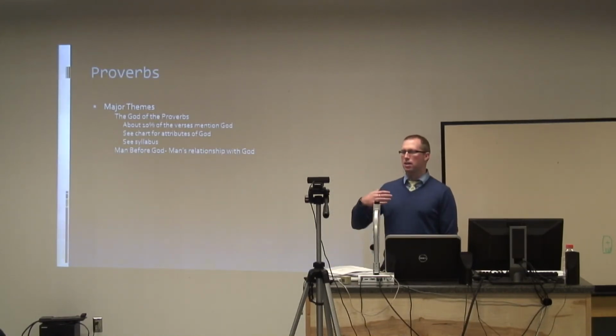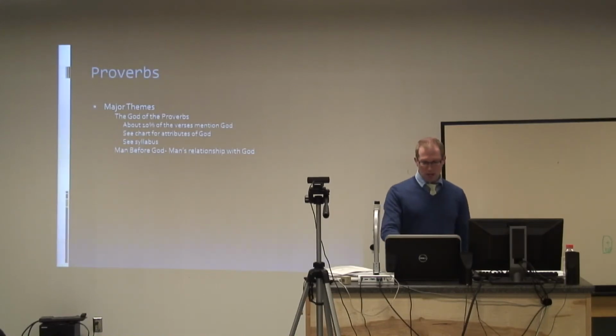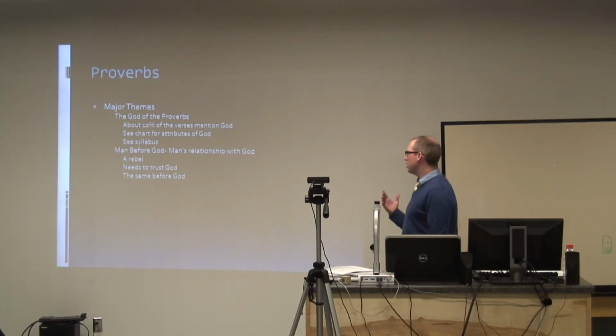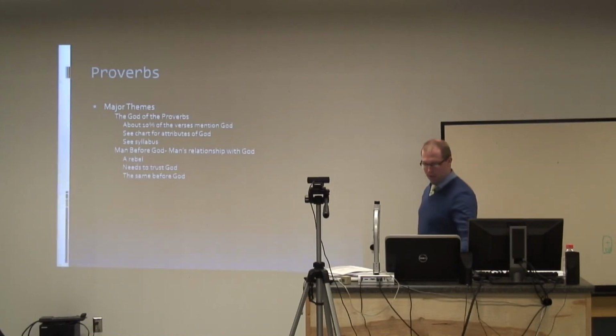So man as he stands in relationship to the Lord. He is a rebel. He needs to trust God. All men are the same before the Lord. These are all brought to the fore as man stands before the Lord.